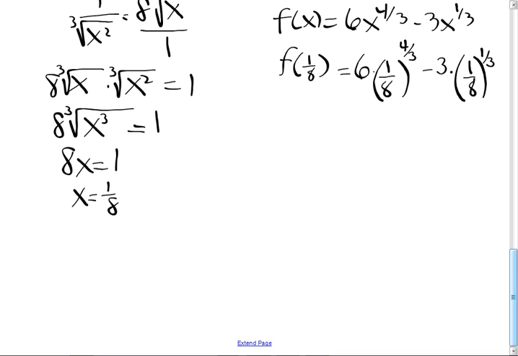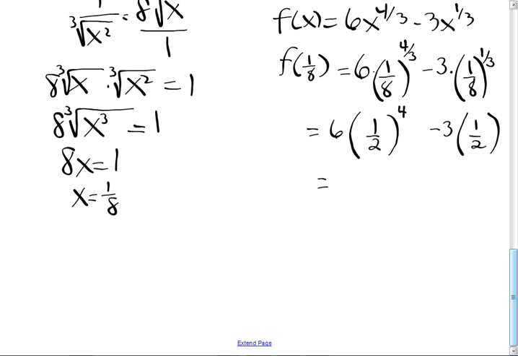Okay, you guys, let's do the easy one first. What's the cube root of 1/8? Well, what times itself 3 times gives you 8? 2. So that's 1/2. So then this one's going to be 6 times 1/2, because I always do the roots first if I can, to what power? 4.